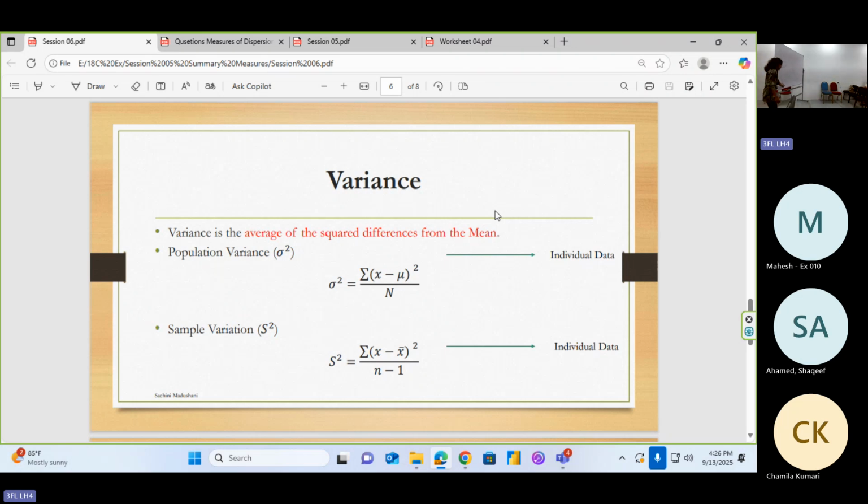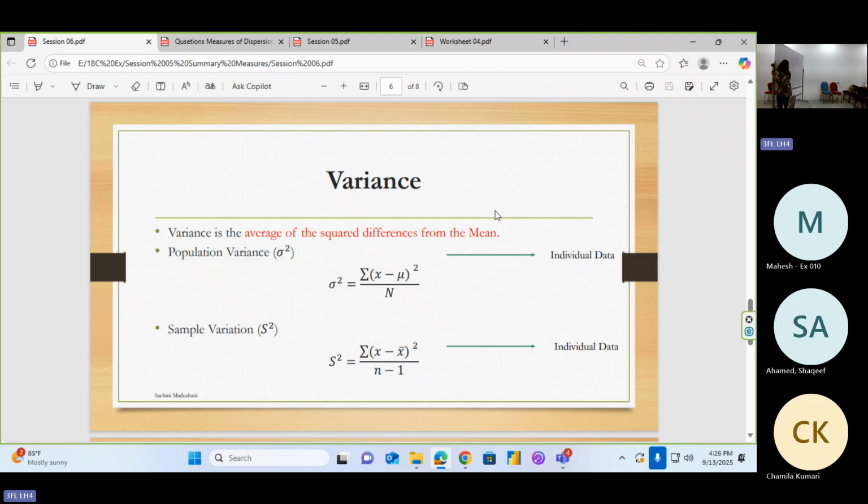We call this the sum of the squared deviations. All the time the sum of the deviations should be 0, therefore we take the sum of the squared deviations. Understood? Okay, then 20 is the sum of the squared deviations.